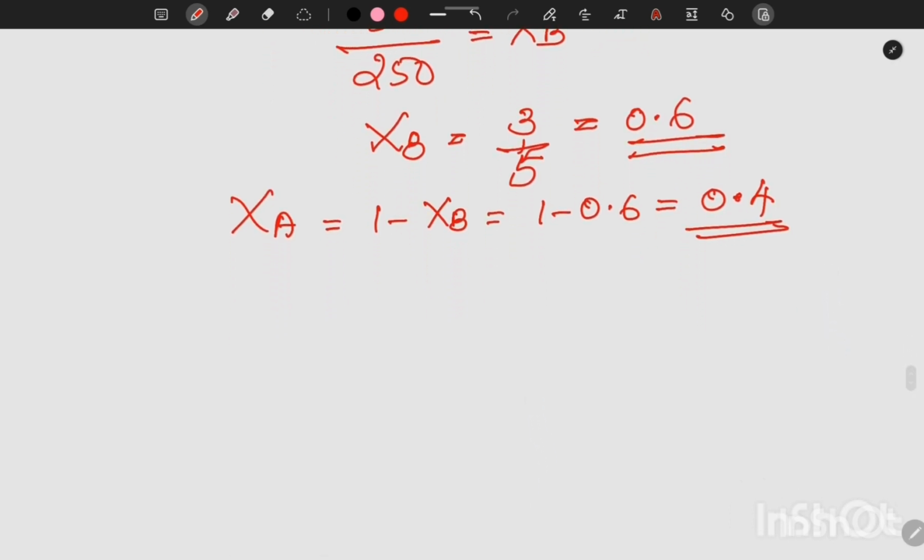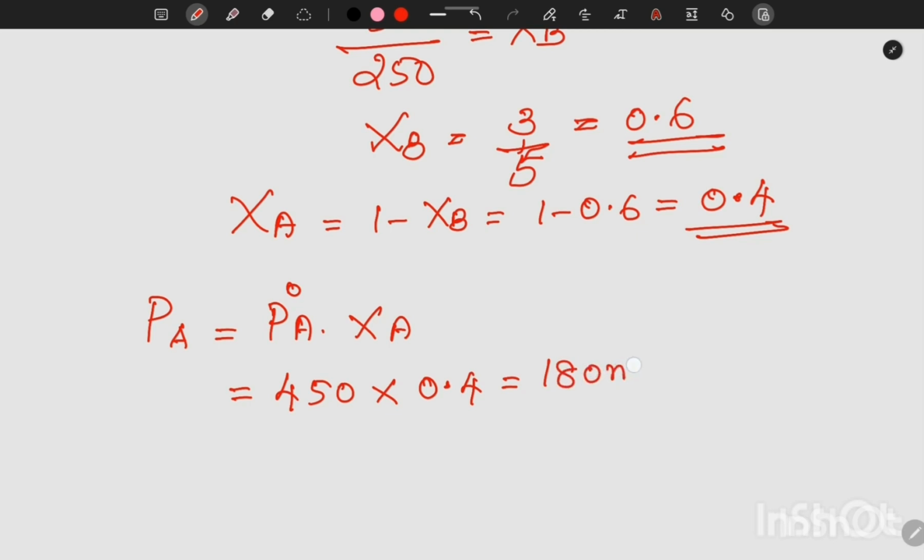Now let us find out the partial pressure of the first component. PA according to Raoult's law, PA is equal to P0A chi A. So PA is equal to P0A is 450 millimeter of mercury and chi A is 0.4. So when you multiply, you will get 180 millimeter mercury.